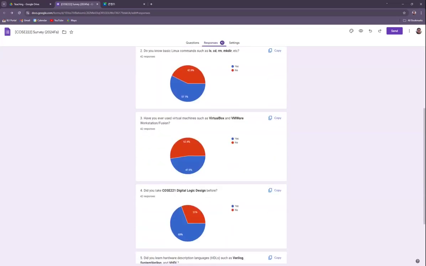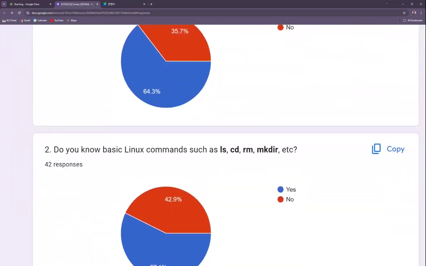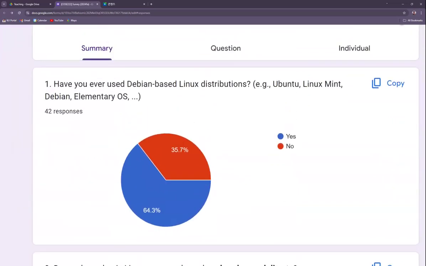Actually, we don't have enough time to teach how to use these tools. So I recommend you study the usage of these tools by yourself. If you are not familiar with Linux operating systems, you can just Google some Linux commands.